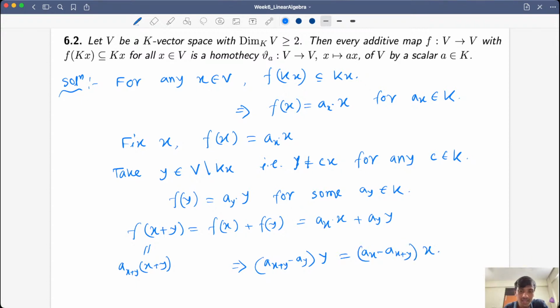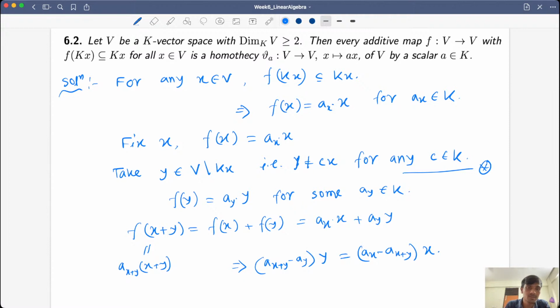So this shows that x and y are linearly dependent, unless a_{x+y} minus a_y is non-zero. If this is non-zero, then I can simply take its inverse and say that y equals some c times x, which belongs to k, because in k non-zero elements are invertible. So by star, this is only possible if both of these are 0.